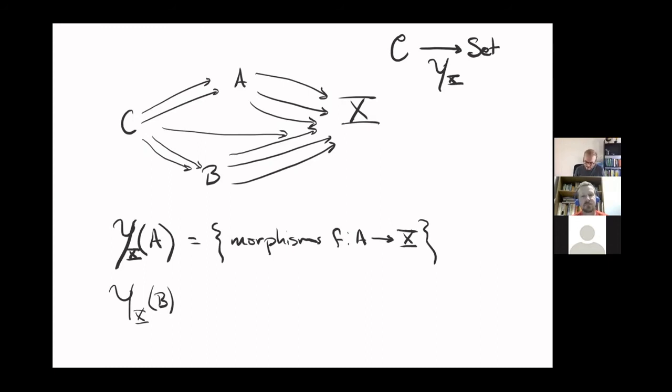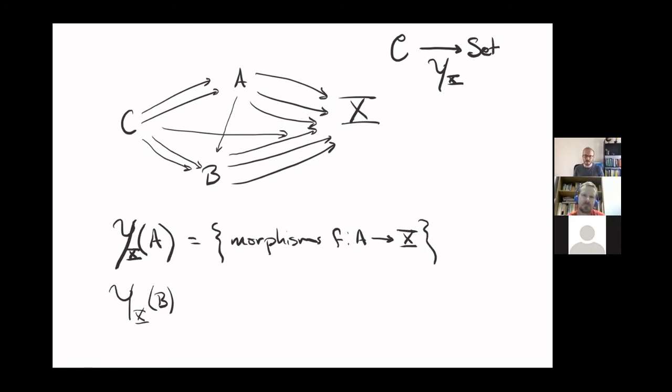But if I have a morphism from A to B, that lets me take a morphism from B to X and turn it into a morphism from A to X. Because I could take the morphism from B to X and pre-compose it with the morphism from A to B, and that gives me a morphism from A to X. And so this is what you might call a contravariant functor.